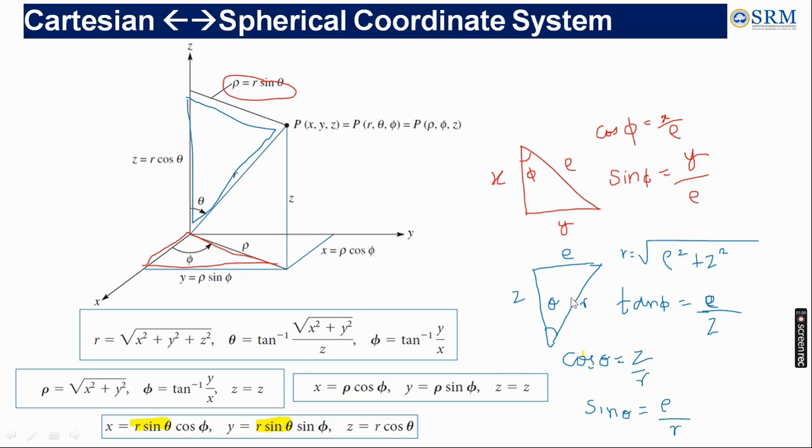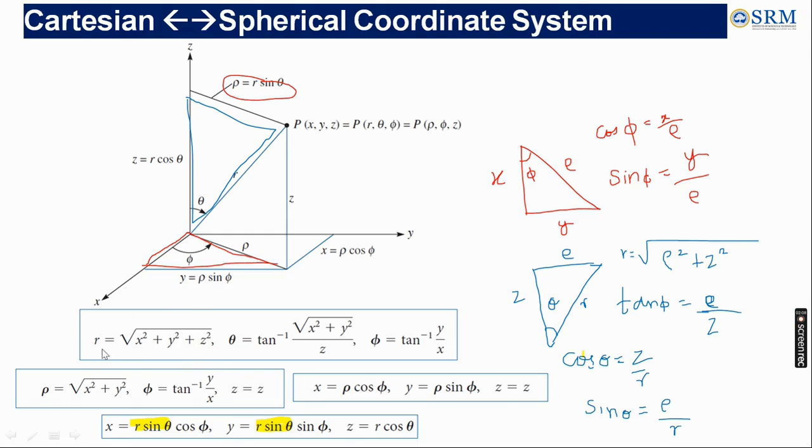If I take sin theta, which is opposite by hypotenuse, rho by r, I get rho equal to r sin theta. That rho value is substituted in the above expression, and we get x equals r sin theta cos phi, y equals r sin theta sin phi, and z equals r cos theta. These are the points when my spherical coordinates are given; I can easily find x, y, z. If I want to do the reverse, I have x, y, z in hand and want to find r, theta, phi, what should I do?